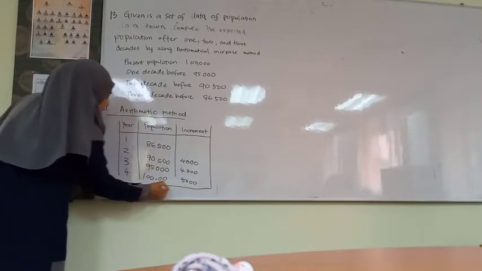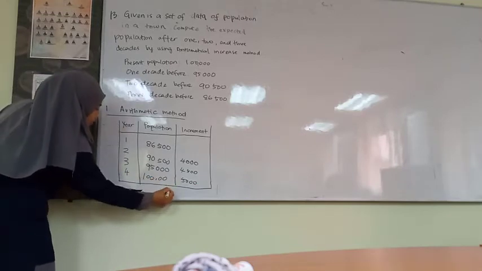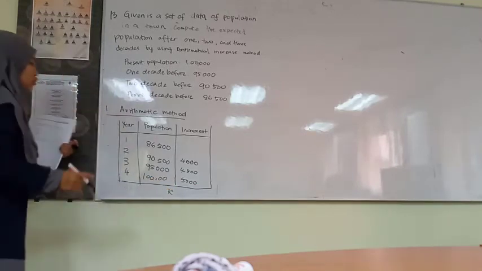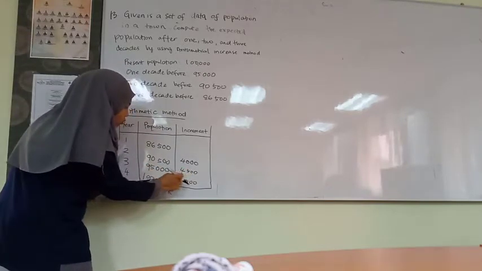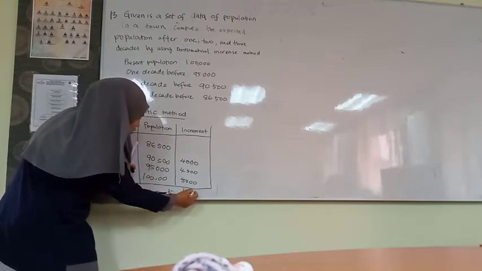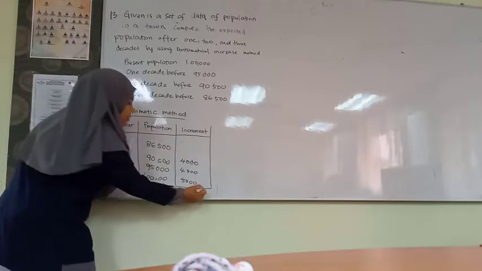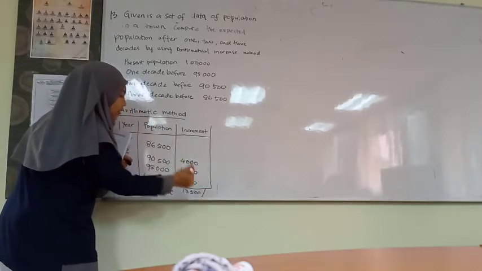So from all of these, we will find the average increment, which is equal to 13,500 divided by 3 stages of increment.